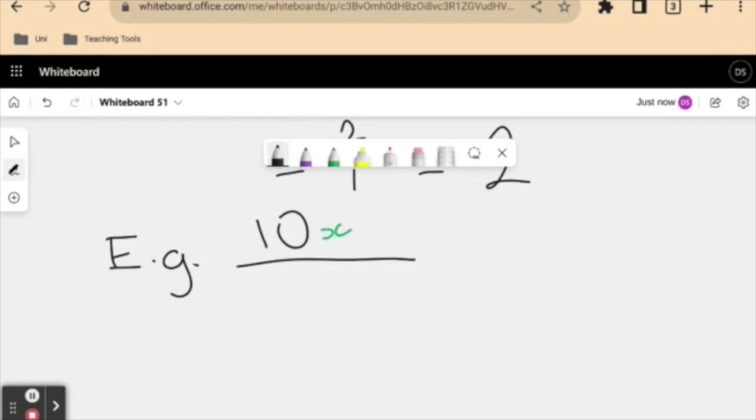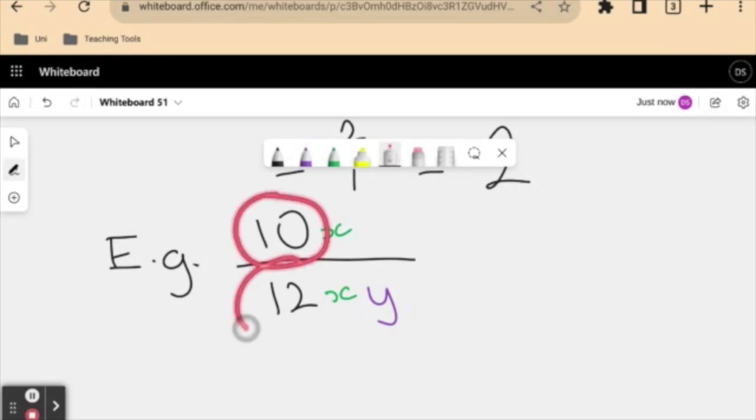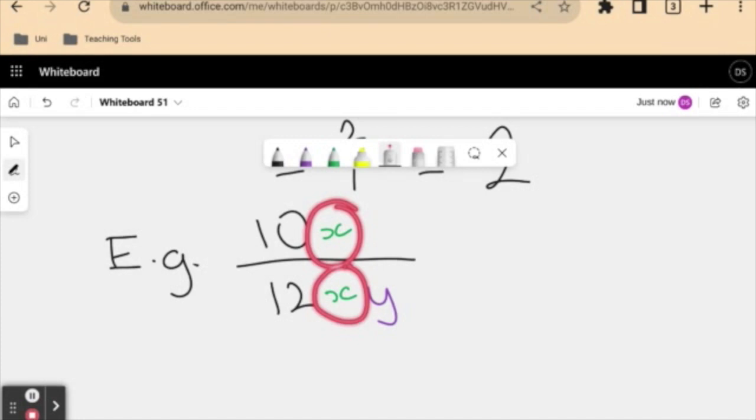So we have 10x divided by 12xy. Now, I've deliberately color-coded these, if you can tell. I'm just grouping the numbers that we can think of as common factors for numerator and denominator.